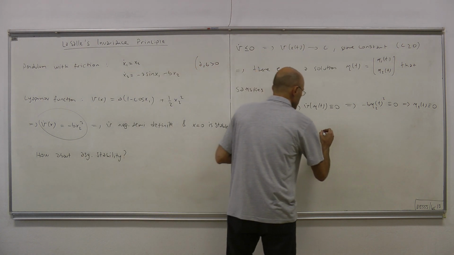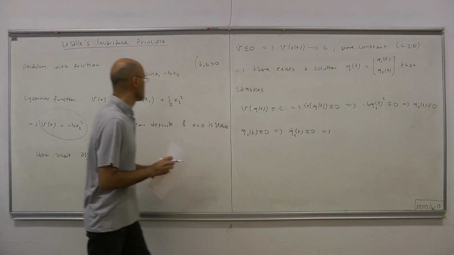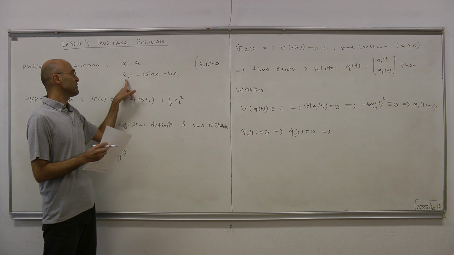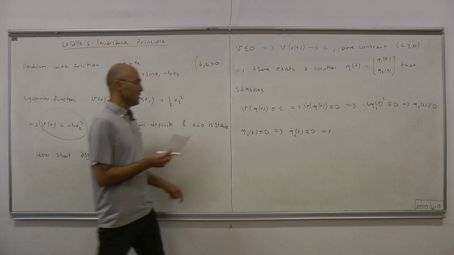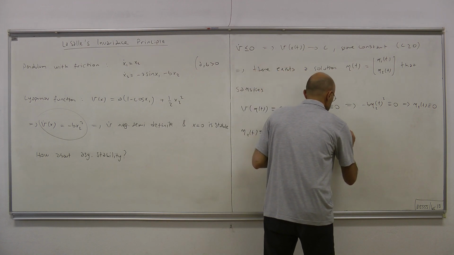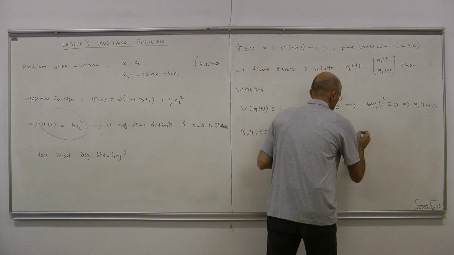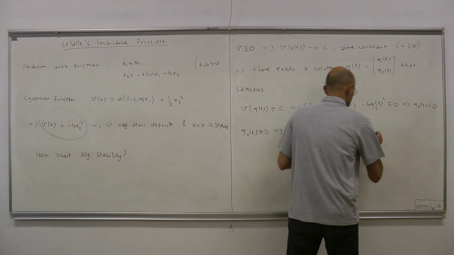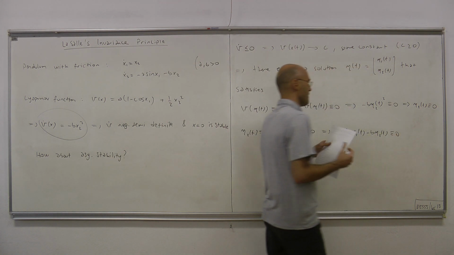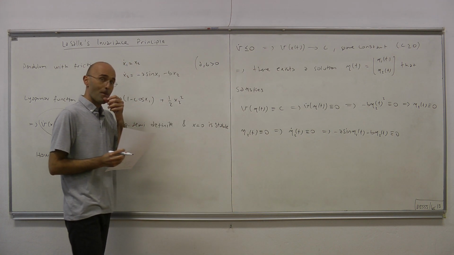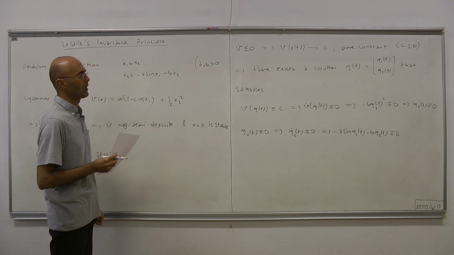This is our eta 2 dot. So that implies minus a sine eta 1 of t minus b eta 2 of t must be zero for all times.